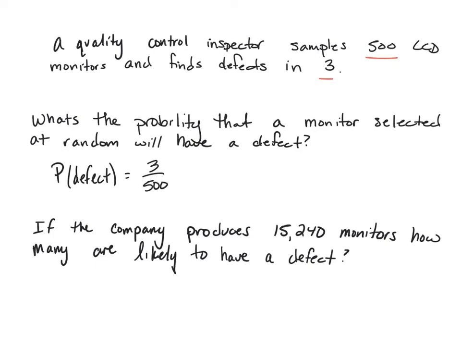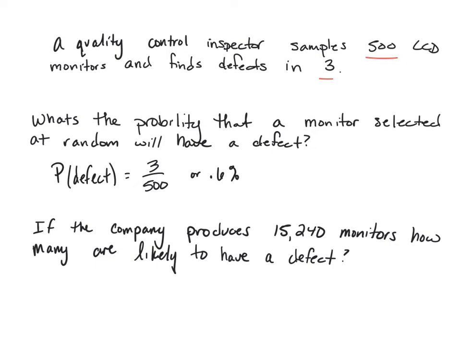So I can leave it as 3 out of 500, or I can say there's about a 0.6% chance that I have a defect.